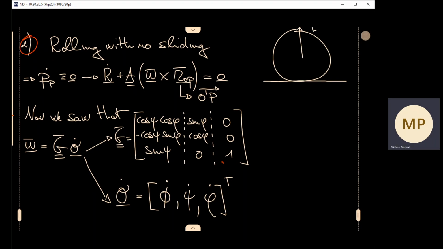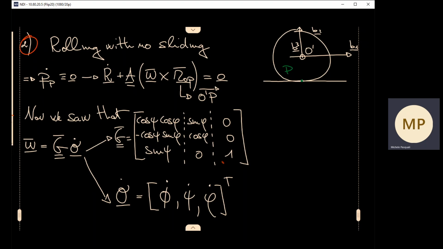Here we have B2. Here we have B1. Here we have O prime. And B3 basically comes out of the board. And here we have our point P. Actually, let's write it with another color so it's more evident. This is our point P.